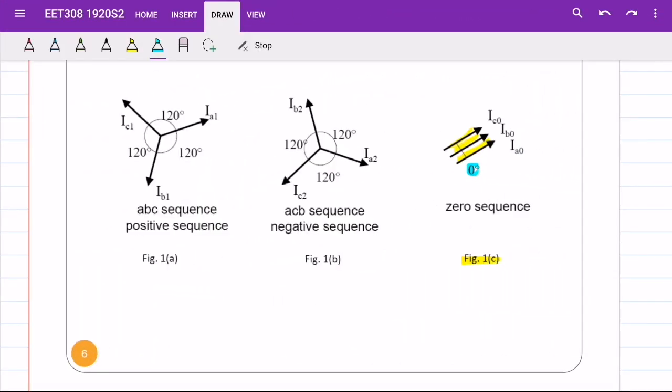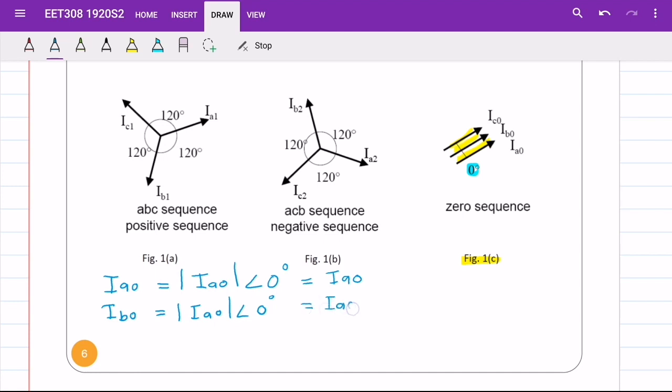Therefore, the equations for the symmetrical component currents of zero sequence are IA0 equals IA0 for the magnitude and 0 degrees for the angle, so we can write it as IA0. IB0 is equal to IA0, also 0 degrees.